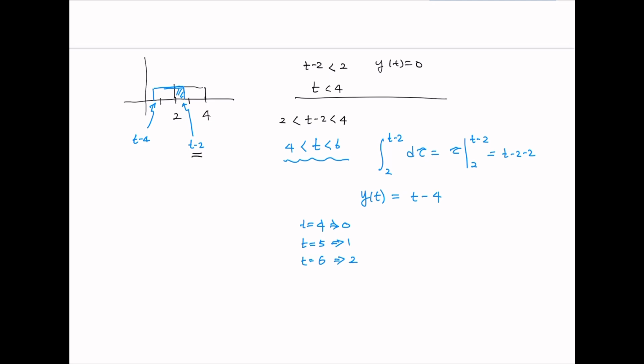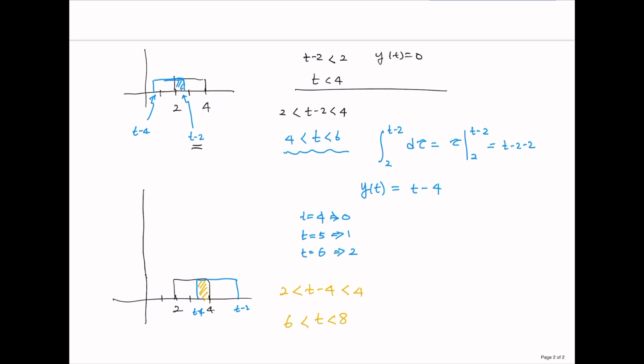And then the next scenario is, if t minus 4 is in between 2 and 4. So we're looking at the lower end. That means t is greater than 6 and less than 8, between 6 and 8.